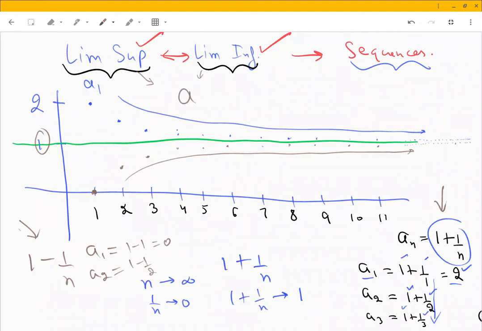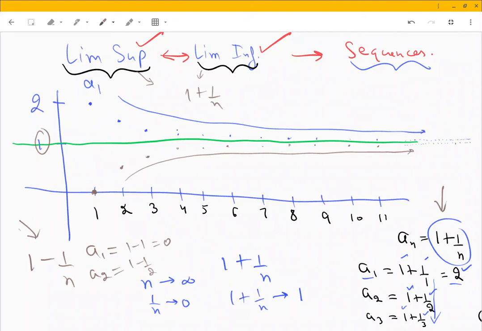Let's stick to just this 1 plus 1 by n, right? So in this sequence, 1 is the limit point of the sequence, right? And it is the only limit point.